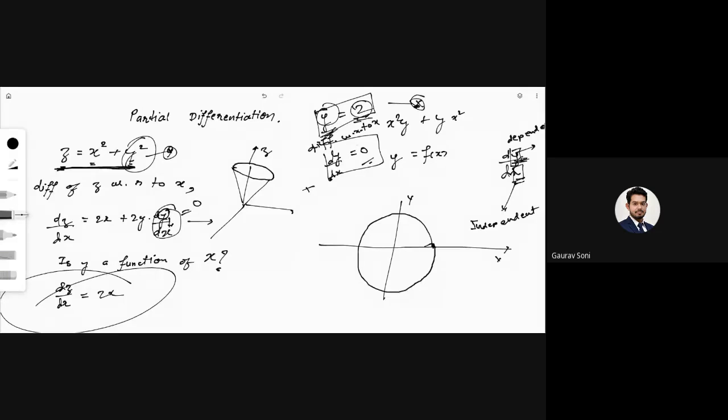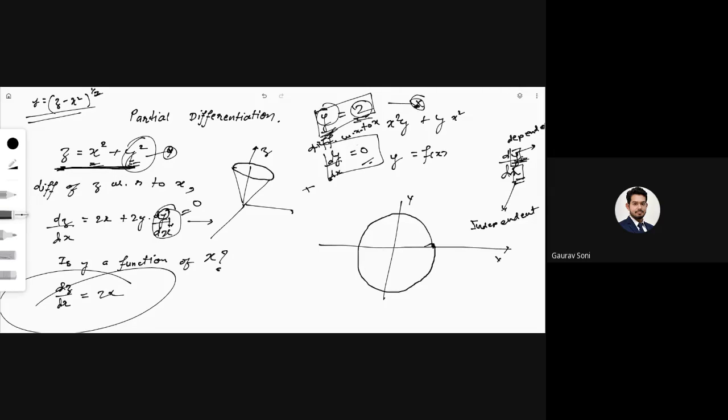So, look, of course, I can write it down as y is equal to z minus x square raised to 1 by 2. Of course, I can write it down. But I am exploring a case where y is independent. I mean, it doesn't depend on x. X and y are independent. I'm exploring that case. Okay, Prabal.